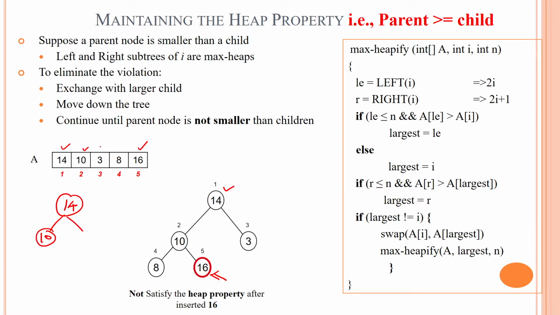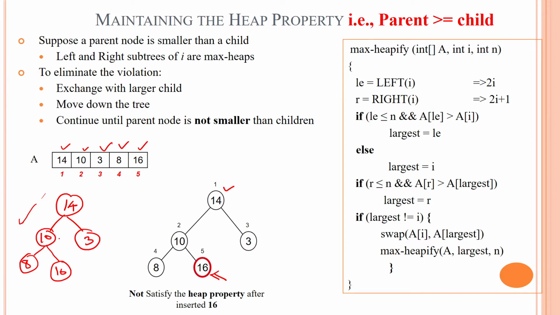Then 3 is the next value, so the right child is not available, and 3 is inserted here. Then 8: the left child for 10 is not available when checking from the root, so we add 8 as the left child of 10. Then 16: moving down the tree, the right child of 10 is missing, so we have to add 16 here.